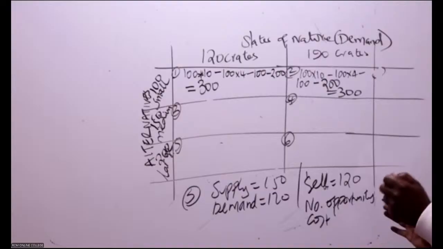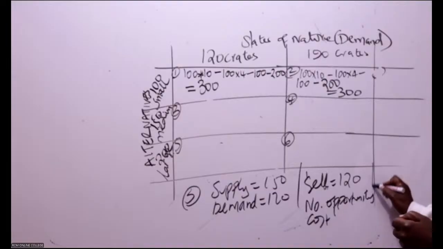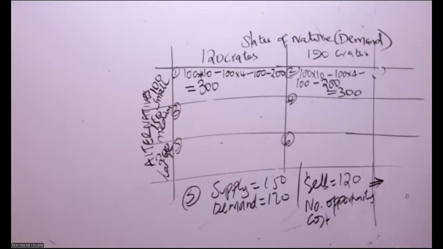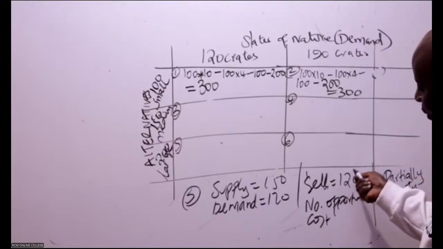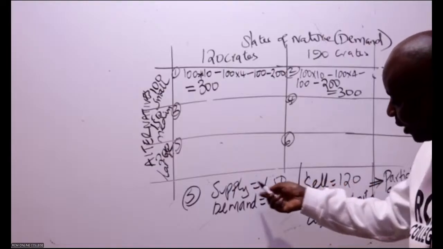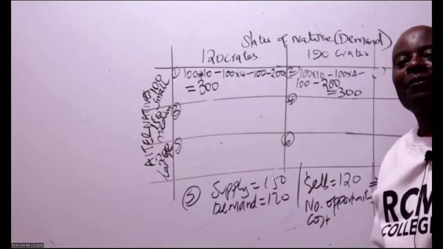So let's move on. But one thing is very clear, that we are flying down there like the Mirror van, partially empty. Why? Because we shall be selling 120 and our van size is 150.